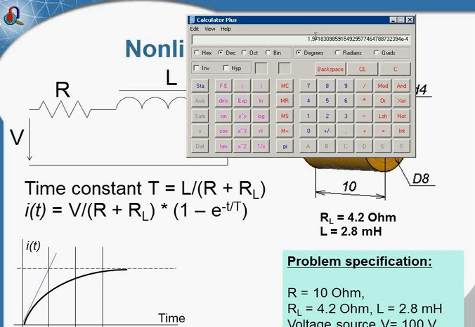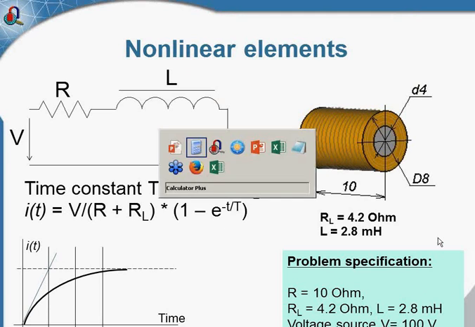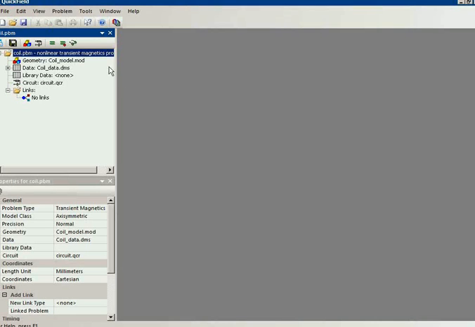The time constant is about 200 microseconds, and we'll keep in mind this value when specifying the problem parameters. Now let's switch to QuickField and perform the simulation.